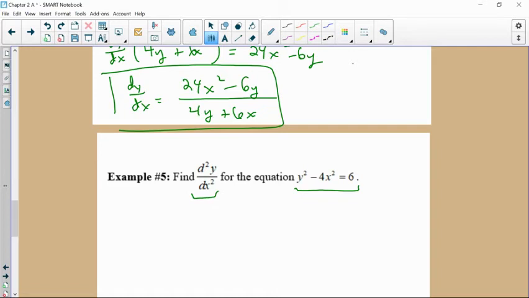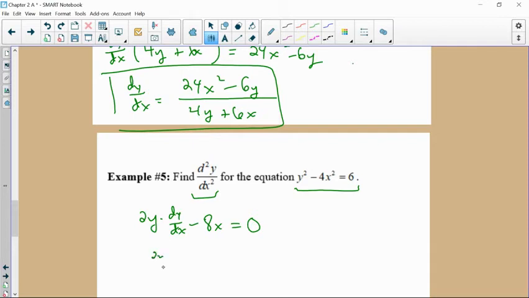Find the second derivative. Well, to find the second derivative, you have to find the first derivative first. So let's do it. y squared, its derivative is 2y, but immediately multiply by dy dx, and then minus 8x equals 0. Constant. So still solve for dy dx, still get that dy dx by itself.